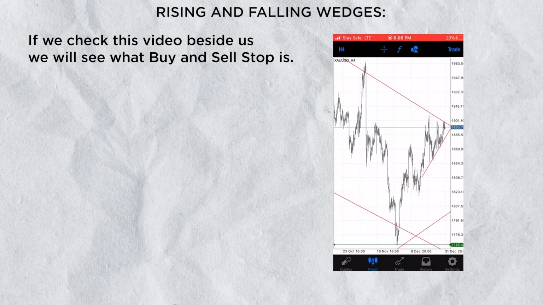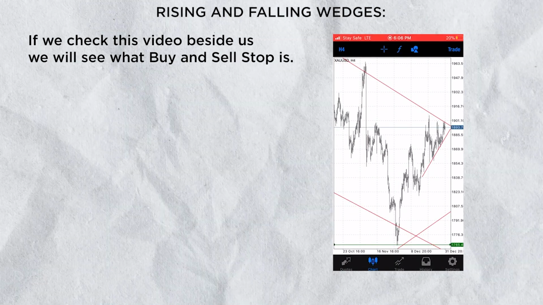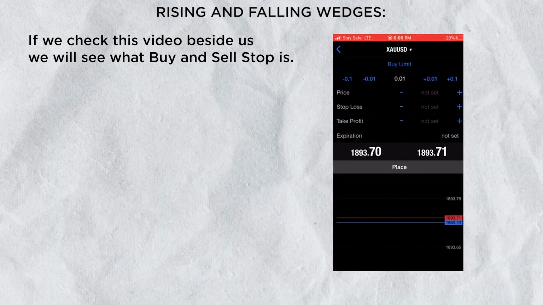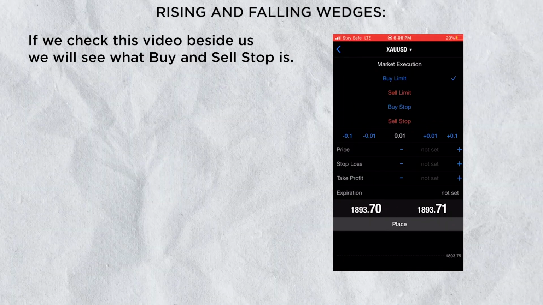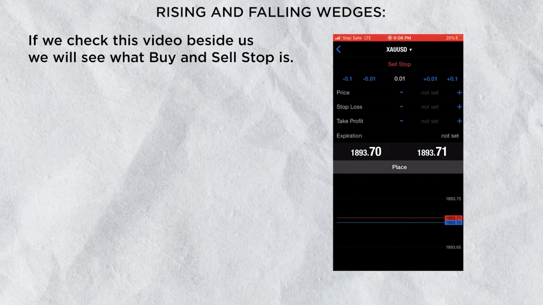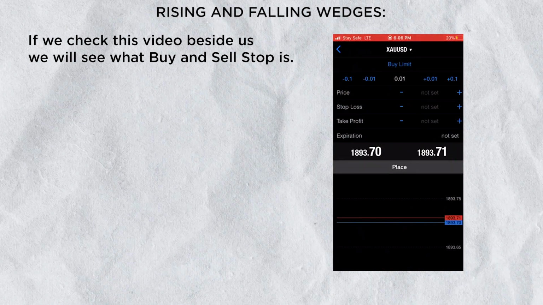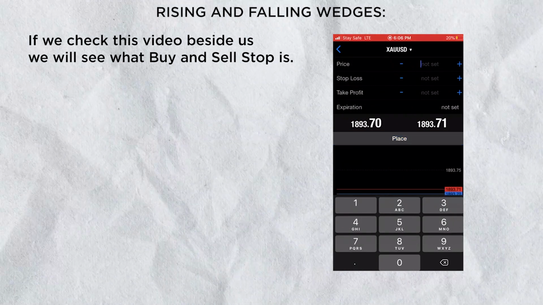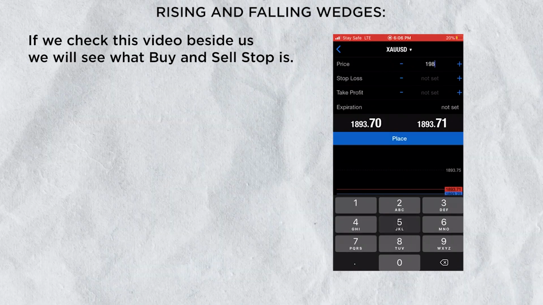Let me just explain it instead. This is your buy limit, this is your sell limit, this is your buy stop, and this is your sell stop. You just click on them and you input the price you want to use as your buy limit, sell limit, buy stop, sell stop.